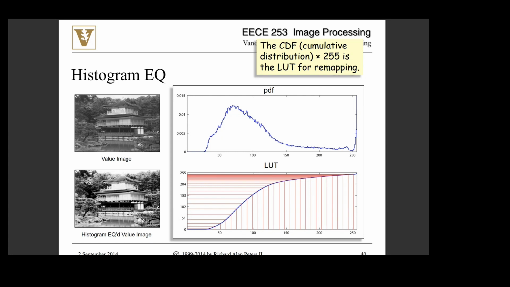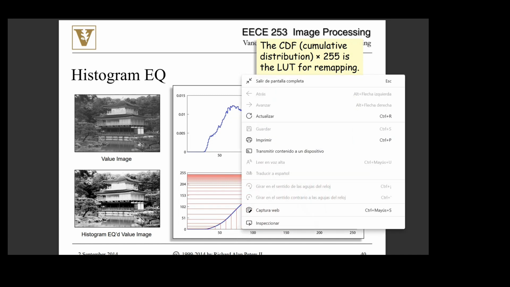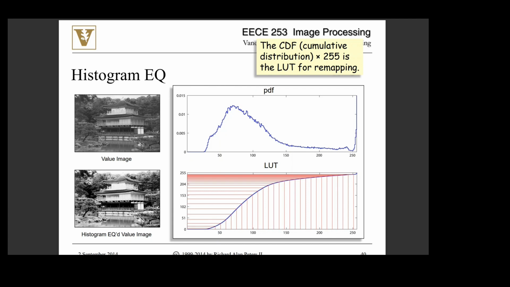So let's say that we have a band of 10 gray values here. These 10 gray values are mapped onto 12 gray values. We have increased the contrast a little bit in that area. While here we have 10 gray values, but they are mapped onto just 1 or 2 gray values.